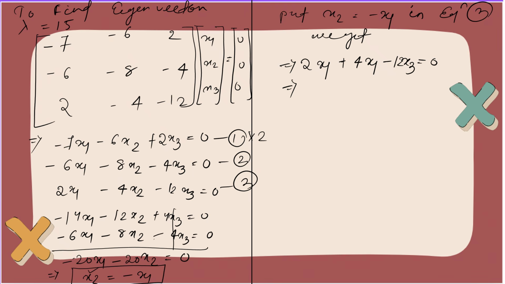So when we solve this, it is 6x1 minus 12x3 equal to 0.